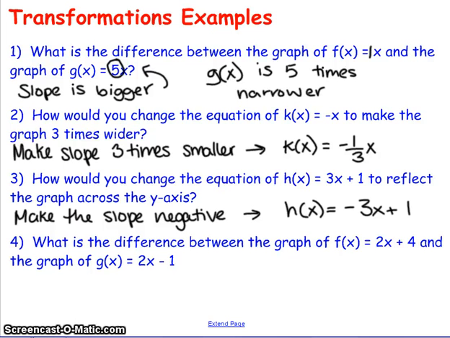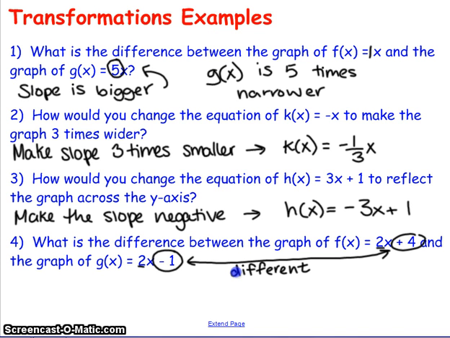And last, what is the difference between the graph of f of x equals 2x plus 4 and the graph of g of x equals 2x minus 1? If you look at them, you see that they do have the same slope, so they're going to have the same narrowness or wideness. But what they don't have the same is the y-intercept. Different y-intercepts are going to affect where they're located vertically.